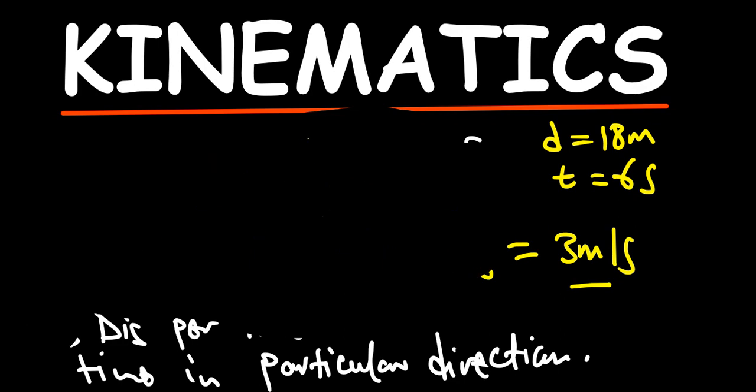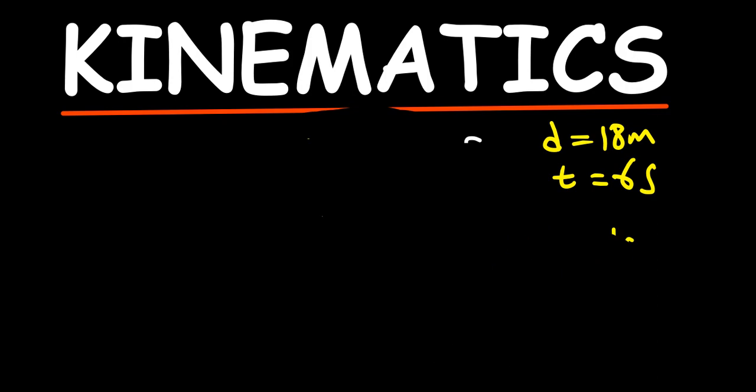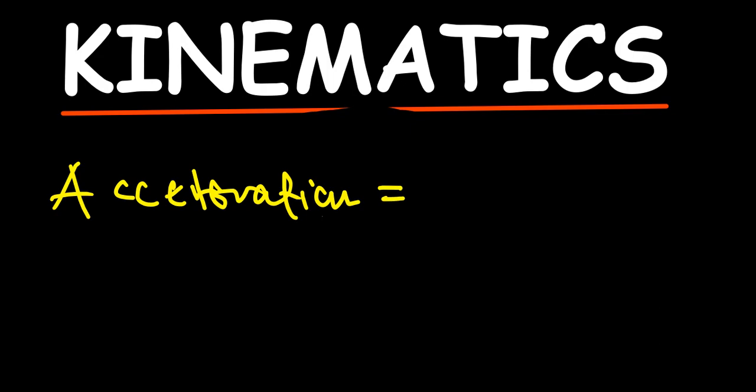Acceleration is simply defined as the change in velocity per unit time. So acceleration is equal to the change in velocity divided by the change in time.